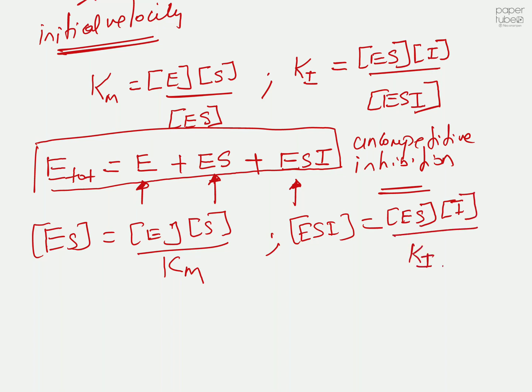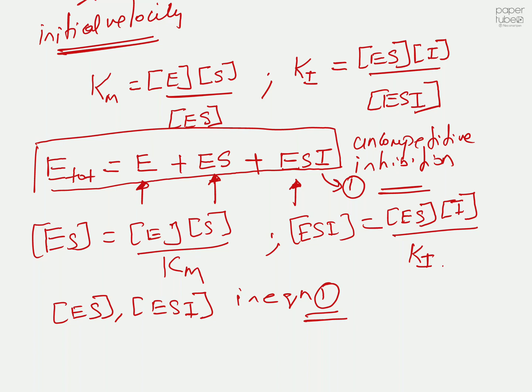So let's call the total enzyme expression equation 1. Let's substitute the values of enzyme substrate and enzyme substrate inhibitor complex concentration in equation 1. So that should give E total equal to enzyme concentration plus enzyme substrate complex.